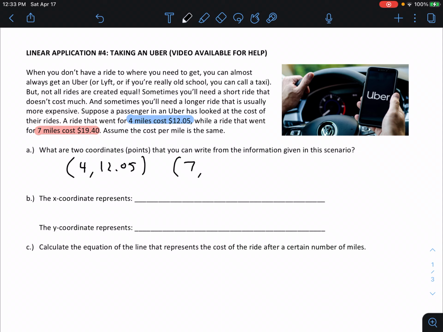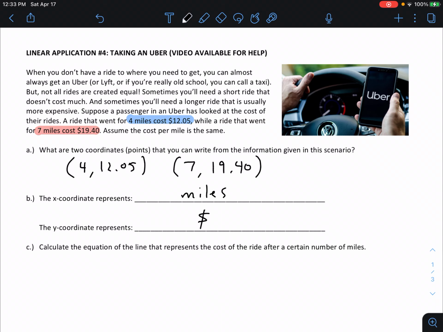And then the second one is (7, 19.40). In this case, the x is miles, if we look at what we highlighted, and the y is dollars, or cost, right? So I'm just going to use a dollar sign. Why not?